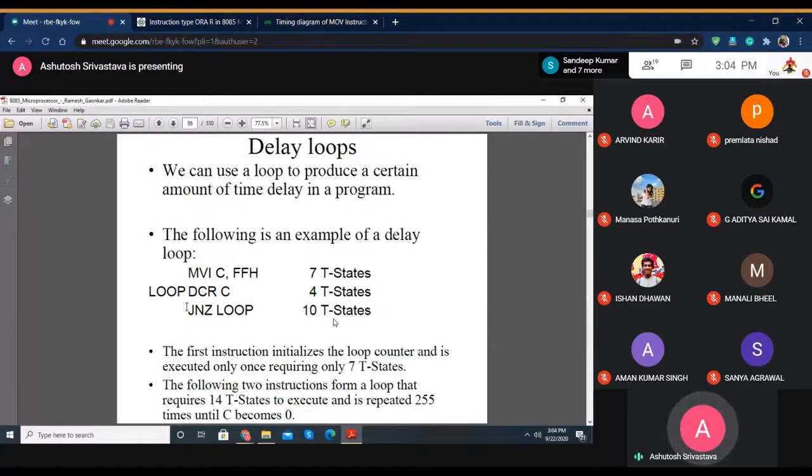Suppose instead of this, the value is 2A. So the first statement is move immediate C, comma 2A. So how many times would this be executed? 2A is 42 in decimal. So 42.